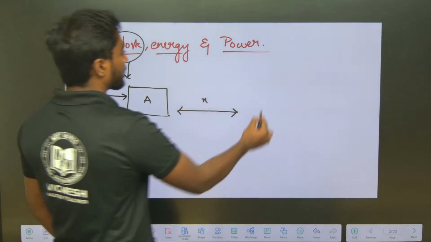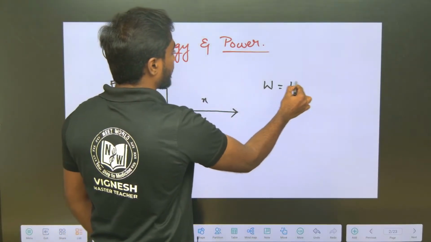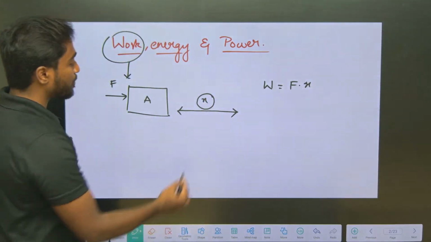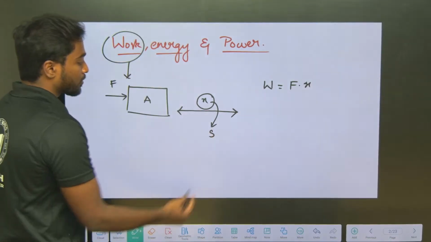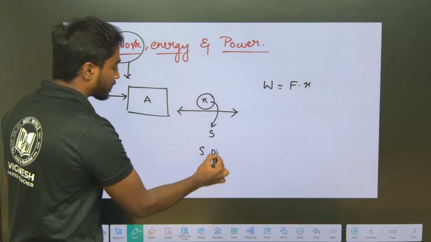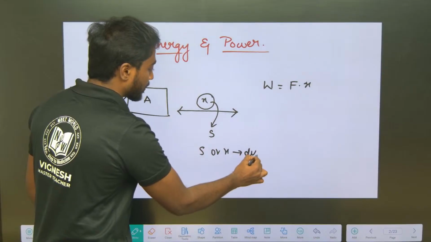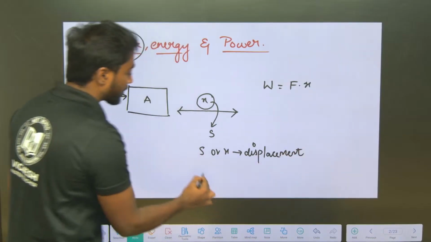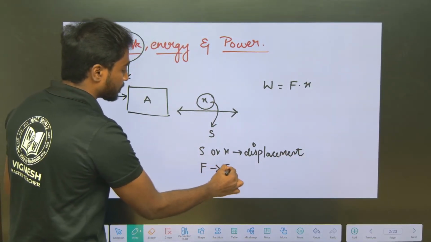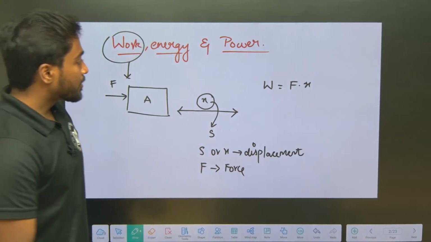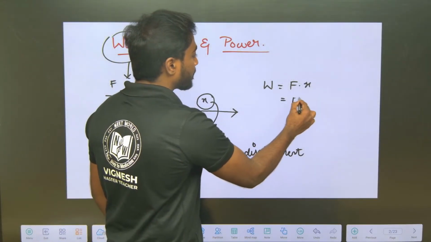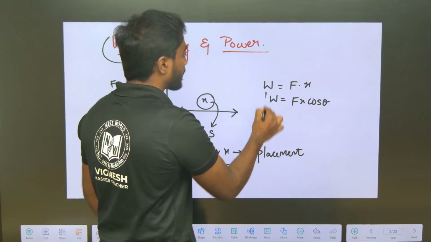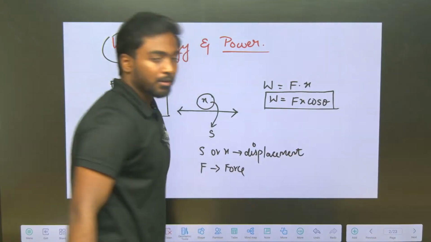Work done is F dot x, or in some books it is written as S. Both S and x are the displacement, and F is the force. So F dot x gives the formula Fx cos theta.